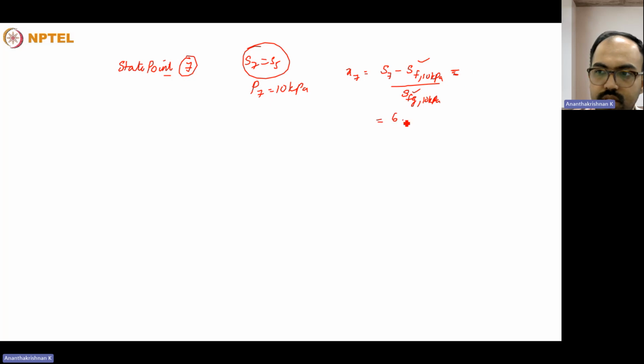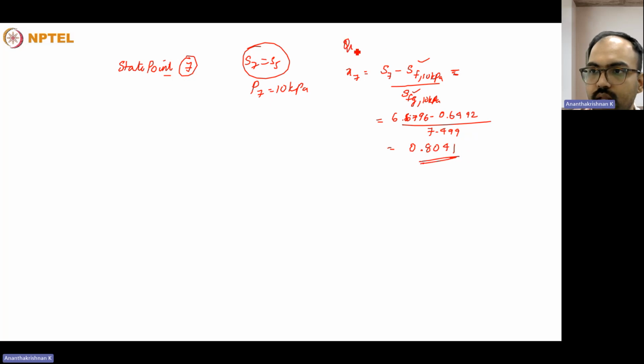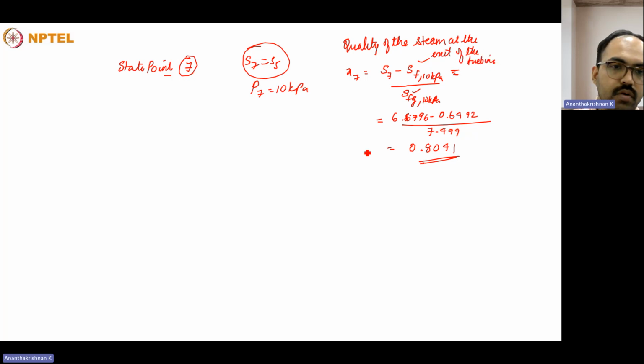So it will be equal to 6.96 minus 0.6492 divided by 7.499. So the quality of the steam at the exit of the turbine will be 0.8041.